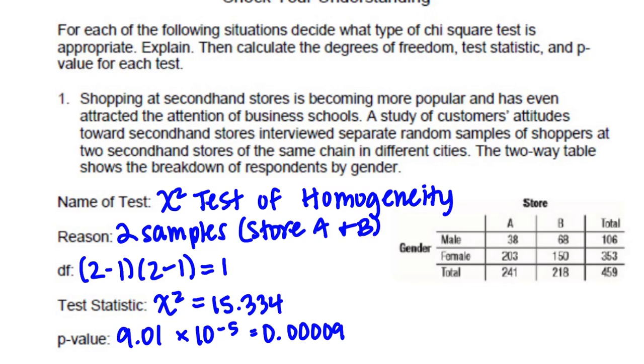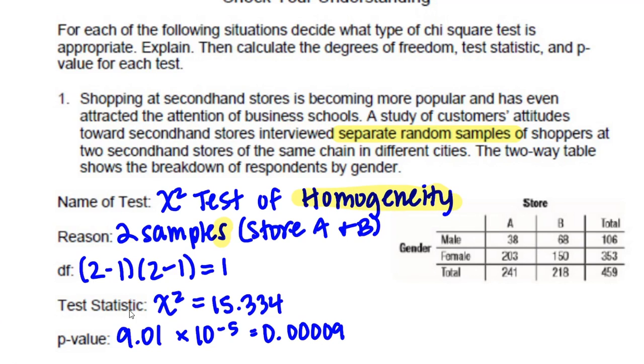So for this number one, we have shopping at secondhand stores becoming more popular, and so they have a study of customers' attitude at separate random samples. And so when there's more than one sample, that makes it homogeneity. And then what we want to see is, is the distribution of gender the same for each store or different? So our null will be that they're the same, and our alternative would be that they're different.